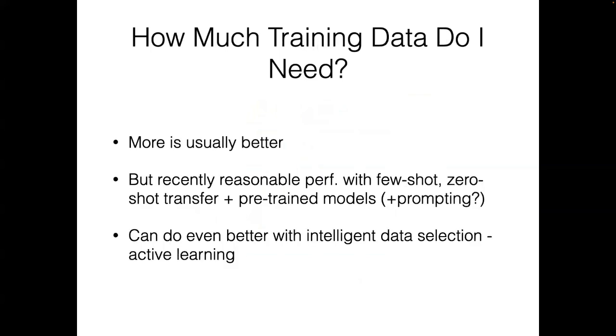Okay, and then for training data, so I was talking about testing data. For training data, I just have some high-level points here. So more is usually better. However, as we talked about in the previous lectures, sometimes you can get reasonable enough performance with few-shot prompting or even zero-shot prompting. And so it really comes down to the specific question you're looking into.